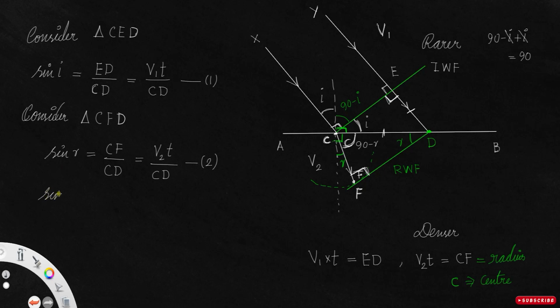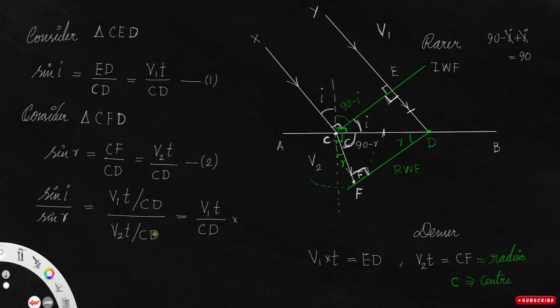Now sin I divided by sin R is actually V1T divided by CD divided by V2T divided by CD. This is equal to V1T by CD.